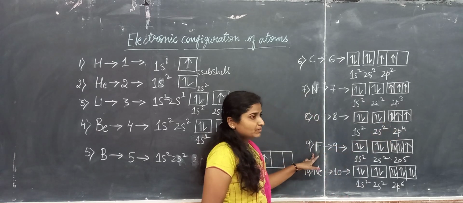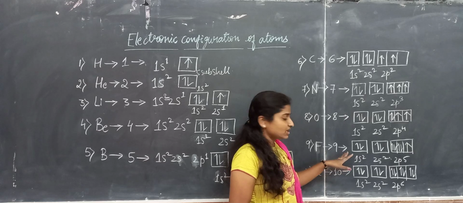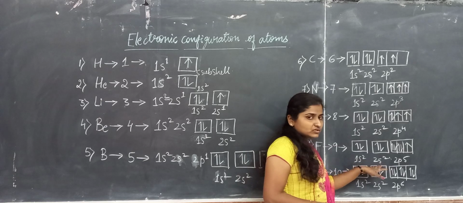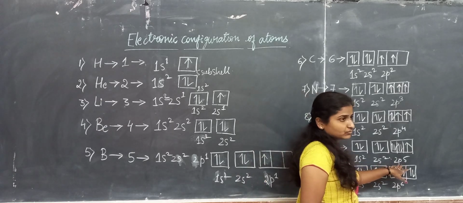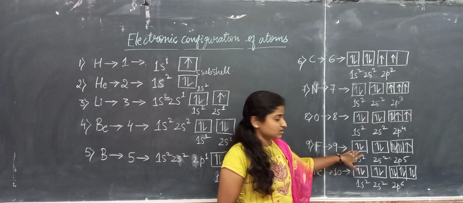The next example is fluorine. Here we have 9 electrons, so the electronic configuration we can write as 1s2, 2s2 and 2p5. In the 1s and 2s orbitals, both electrons enter the same orbital with opposite spin.